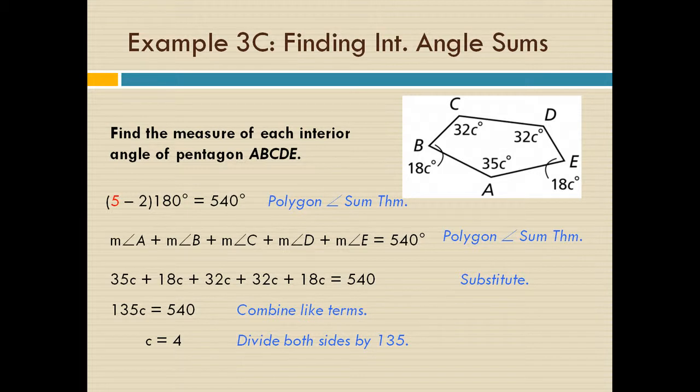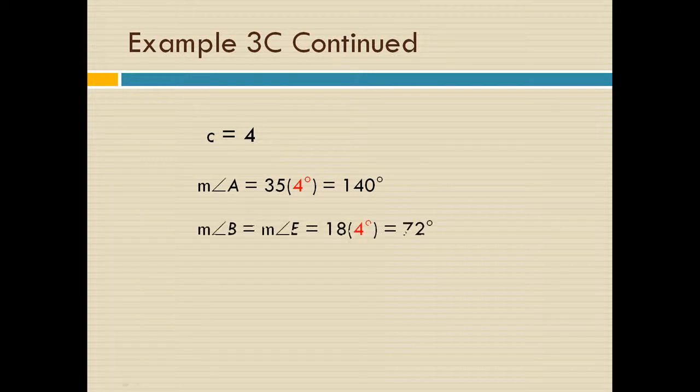We want to find the actual measures of these angles. So, we start with c equals 4. Measure of angle A equals 35 times 4 degrees, so 140 degrees. The measures of angle B and E are the same. That's 18 times 4 degrees, which would be 72 degrees. And C and D are equal, which would be 128.